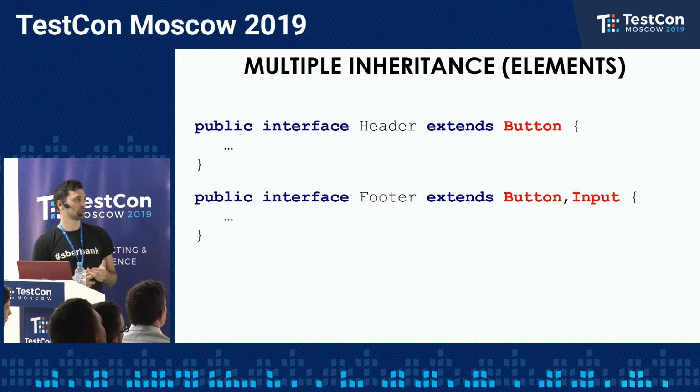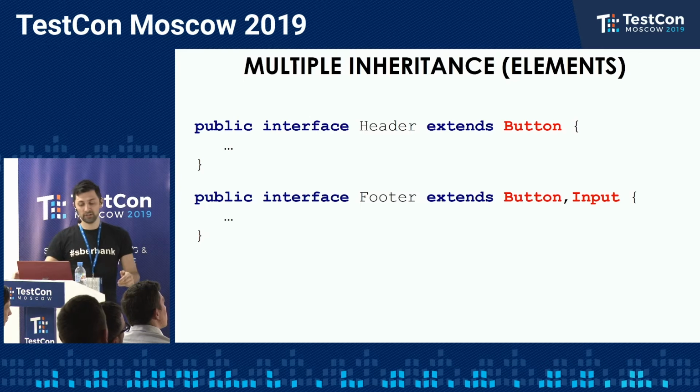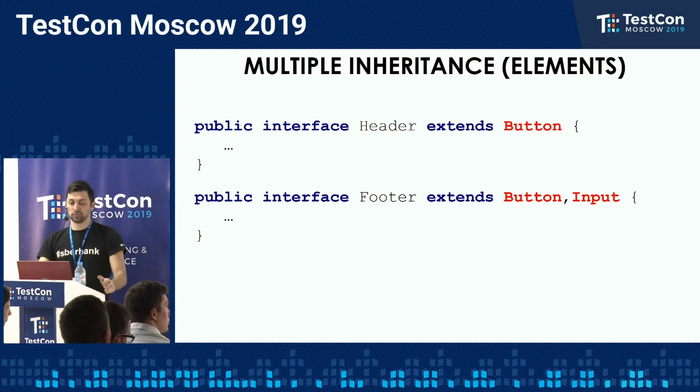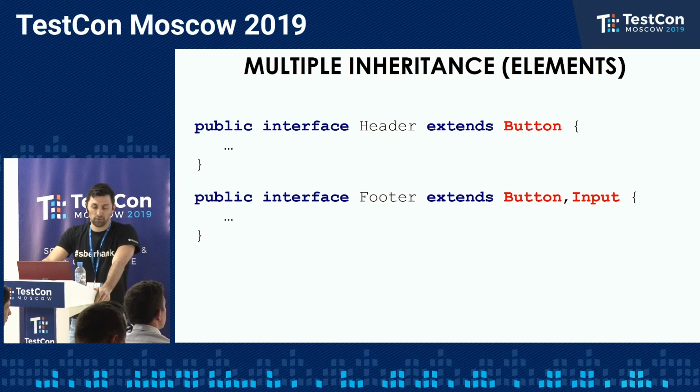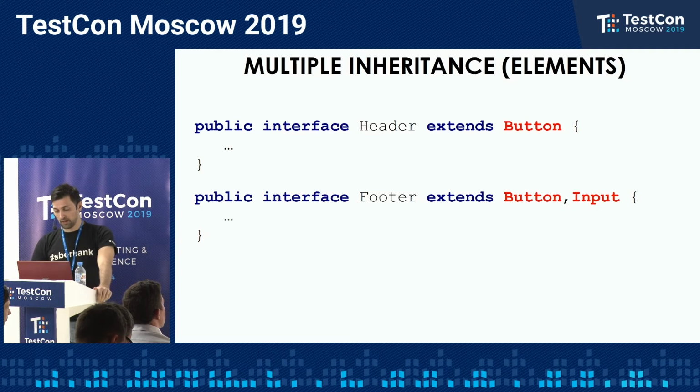You can describe your inputs and checkbox and whatever else, additional elements, and wherever those components are used, you extend the layer with it. By this, you use multiple inheritance from Java, two components.